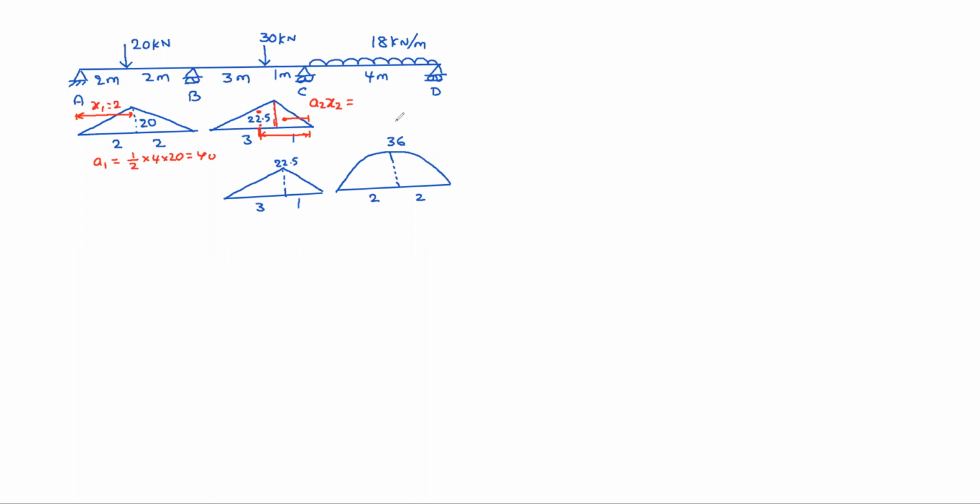So A2 x2 equals first small triangle, half into 1 into height 22.5, the area of this triangle, into its centroid distance, 2/3 of 1, plus another triangle, half into 3 into 22.5 is the area of the triangle. Its centroid distance is 1 plus 1/3 of 3. This is A2 x2.